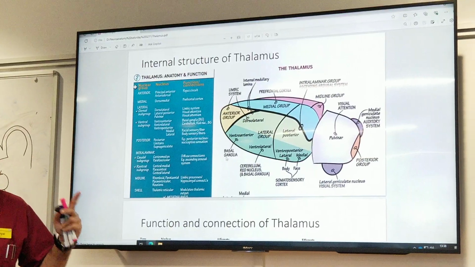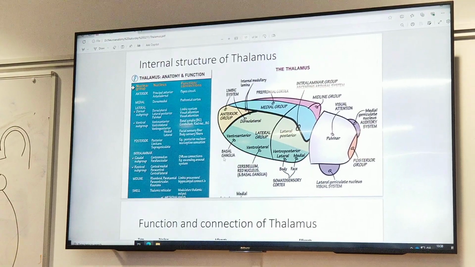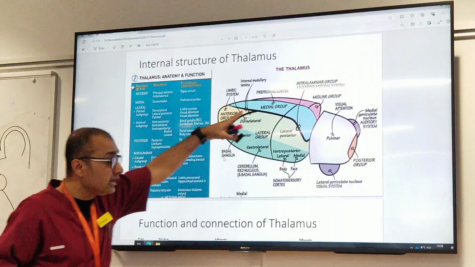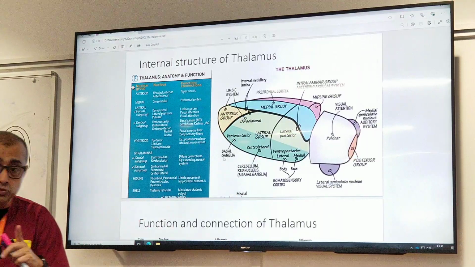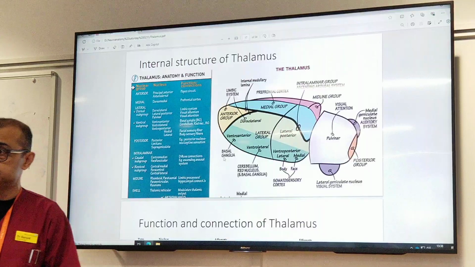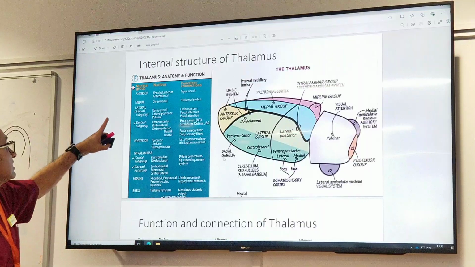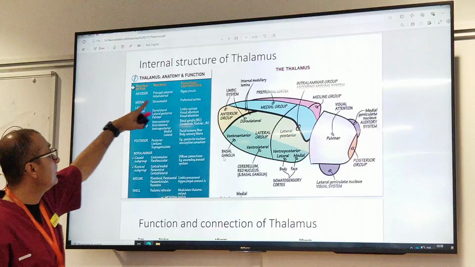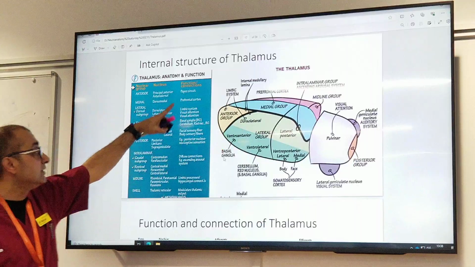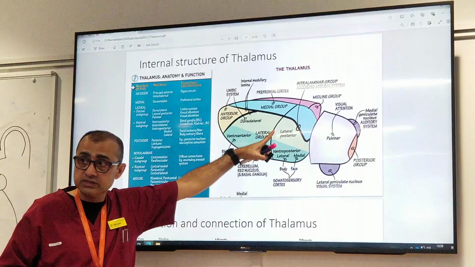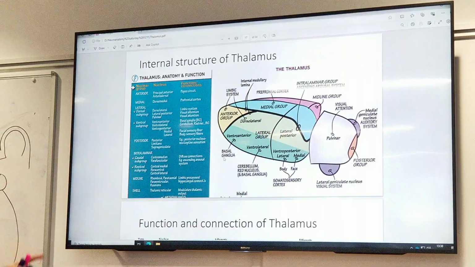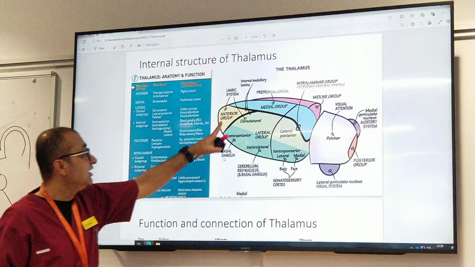So that's the primary function of the anterior group. Medial group is again part of the limbic system, but it is with the emotional aspect. So the emotional aspect of the limbic system, this is processed through the medial group. Is that clear?